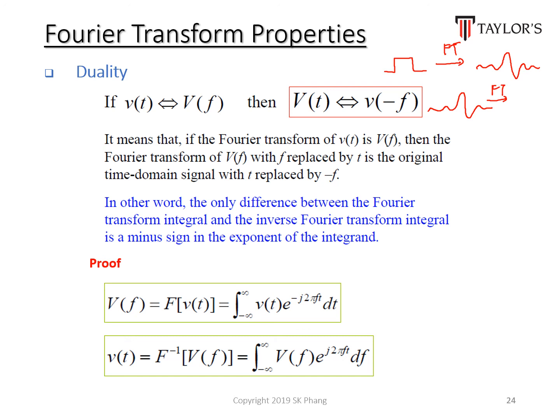The duality principle tells you that the transformation is the same, except that the frequencies will be negative. So it will still be the square signal, because for a square signal the frequency in the front and the frequency at the back are the same. So even if you transpose it, it's still the same. Let's look at the next slide for an example.